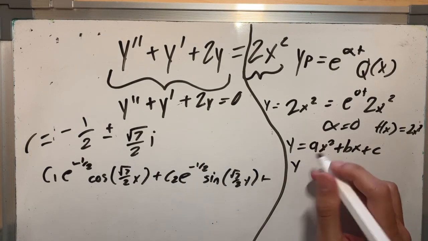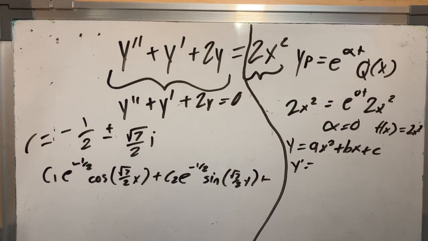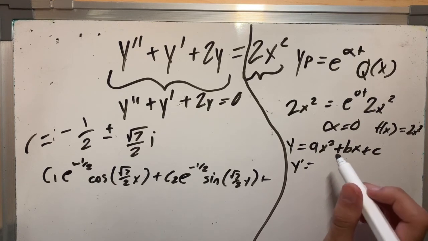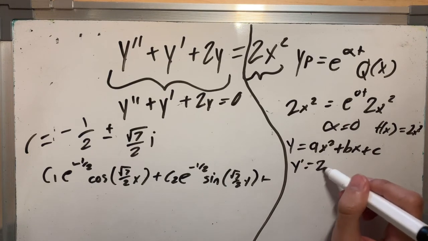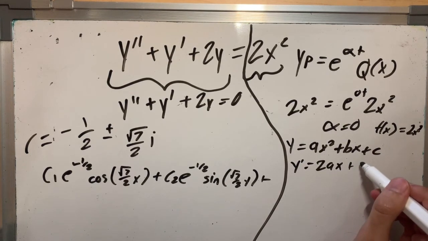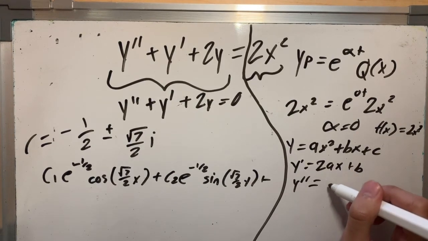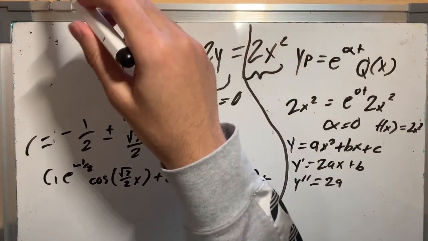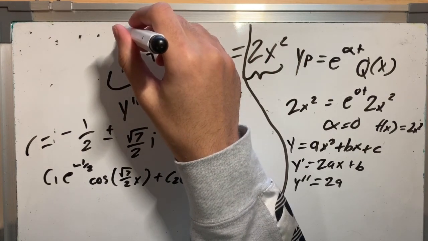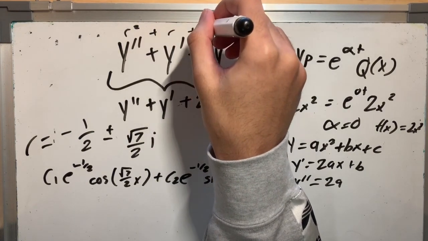Let's not put that there just to not confuse. Y dash is equal to 2ax plus b, and then y double dash is equal to 2a. And our characteristic equation will always be whatever is here, which is, we can use r's, r squared plus r plus 2.